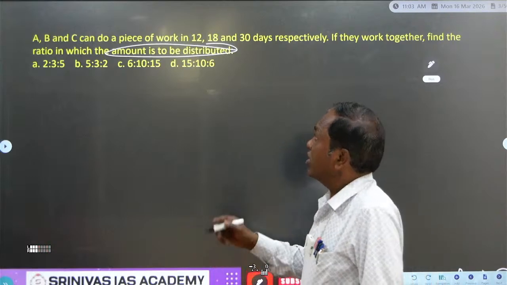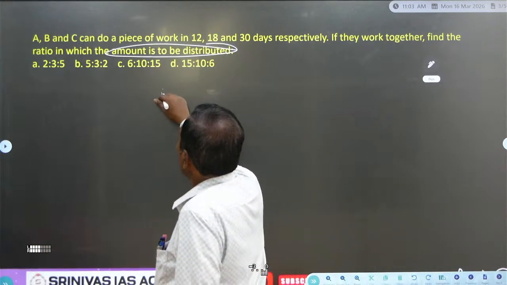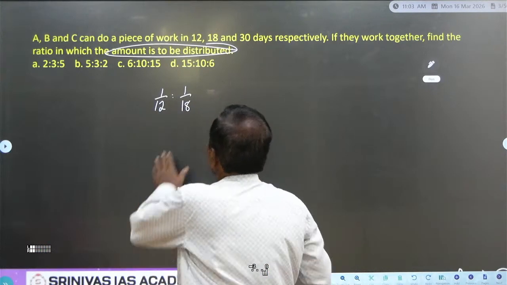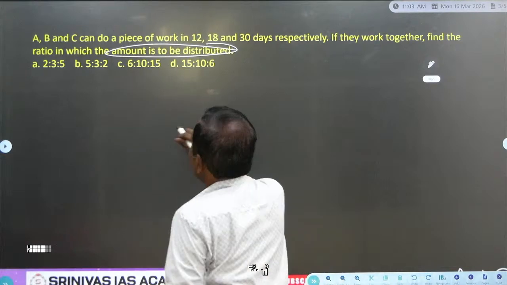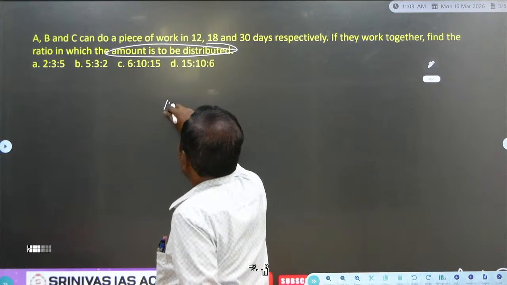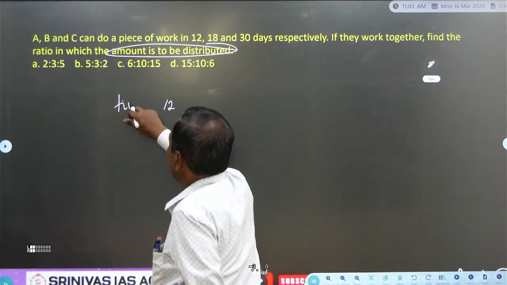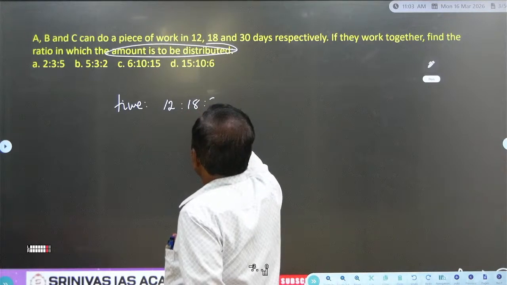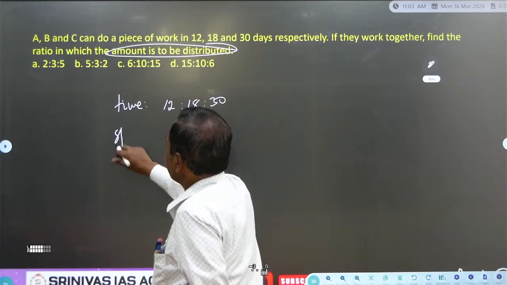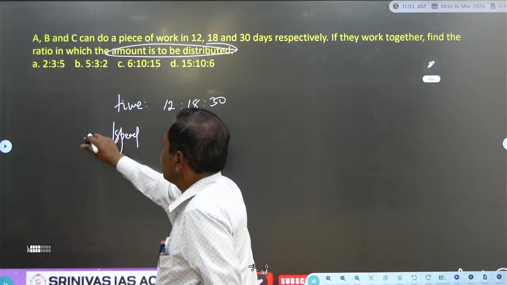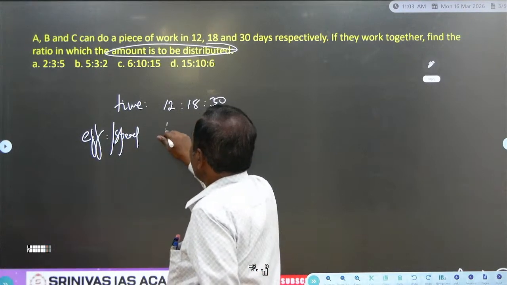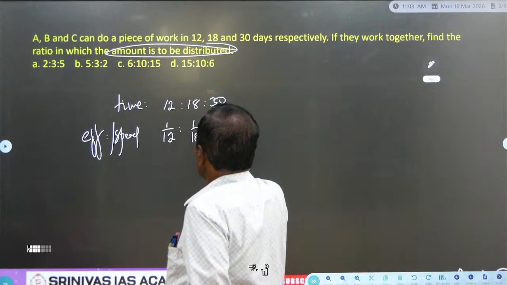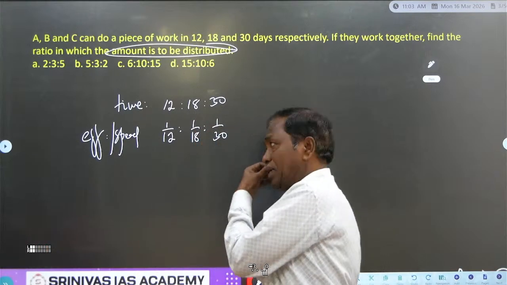Efficiency of work. Now how do you do it, like 1 by 12, 1 by 18. The time ratio is 12 is to 18 is to 30. Speed of ratios, that is efficiency of work. The reverse ratio: 1 by 12 is to 1 by 18 is to 1 by 30. What is the LCM of these 3 numbers?